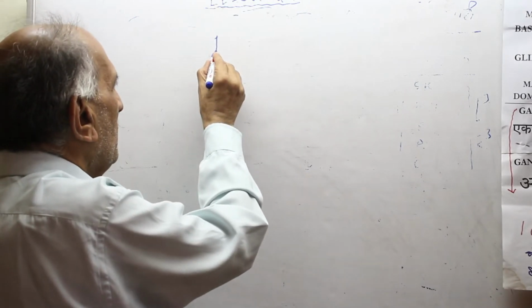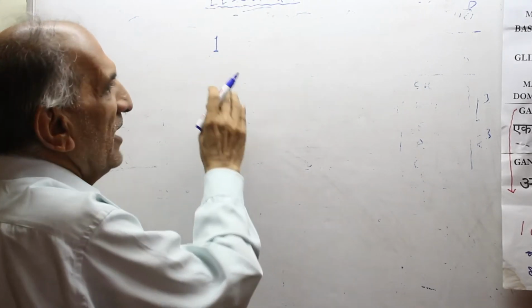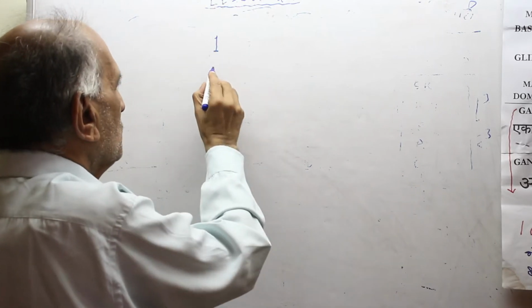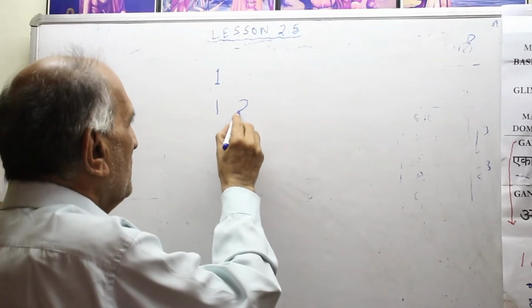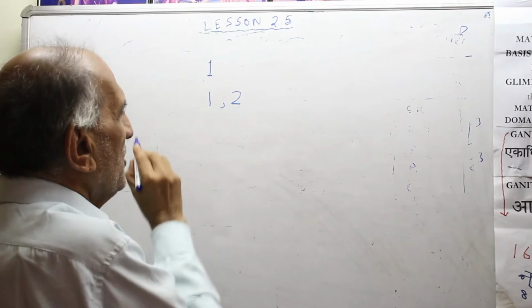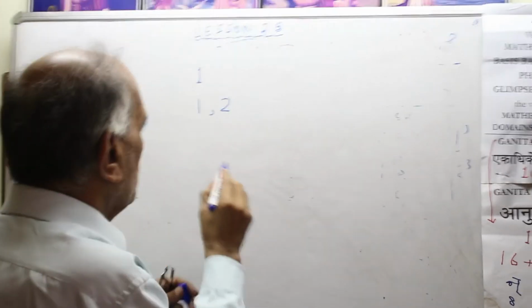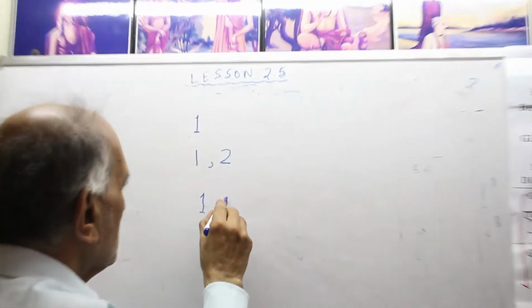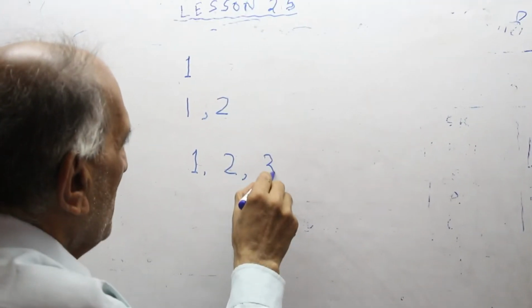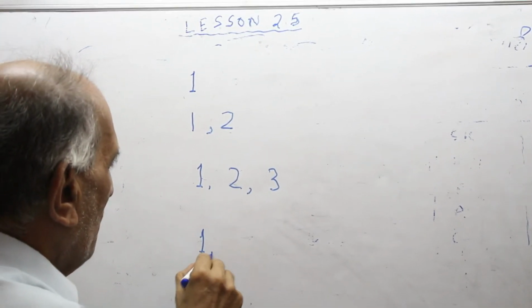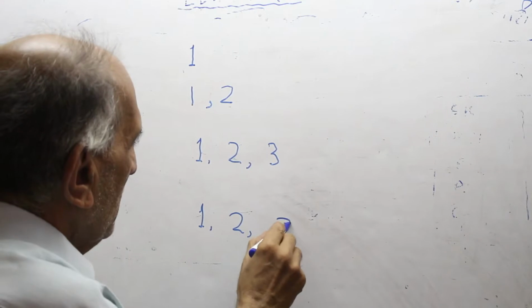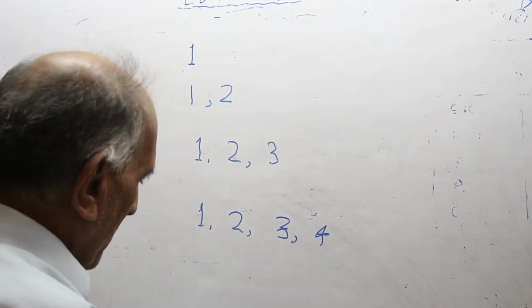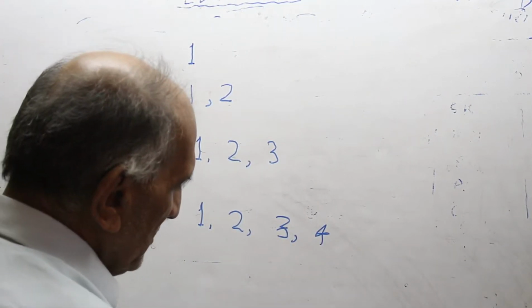We have only one letter as a processing step range for Ganita Sutra 1. We have a pair of letters as a processing step range for the Ganita Sutra 2. We have 3 letters for the processing step range of Ganita Sutra 3. We have 4 letters for the 4th Ganita Sutra, and like that we have 16 letters.